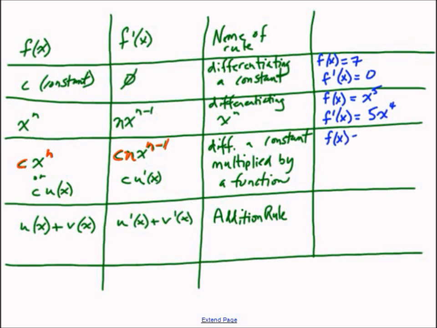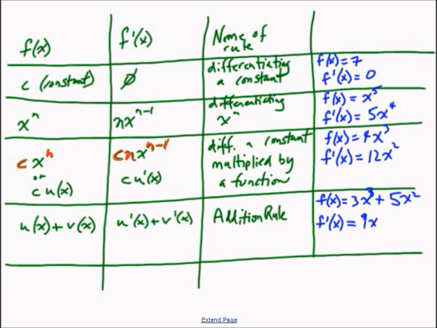If the function is 4x cubed, then the derivative would be 12x squared. If the function is 3x cubed, one function, plus another function, which happens to be 5x squared, then the derivative of this is just the derivative of the first term, the first function, so 9x squared, plus the derivative of the second function, so 10x.